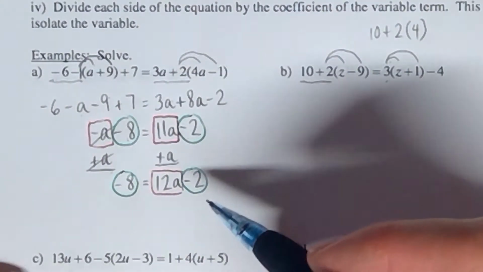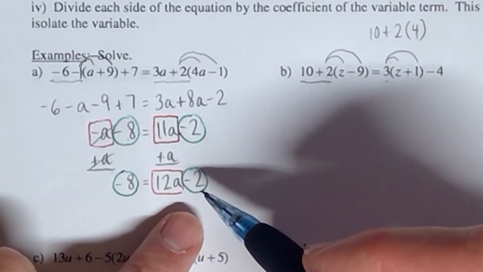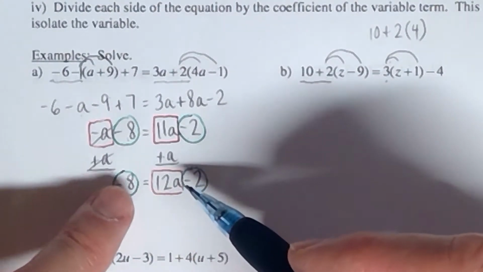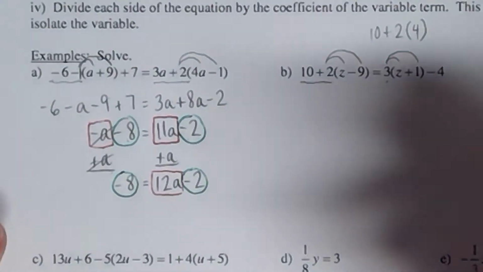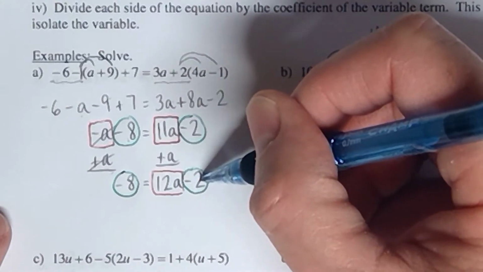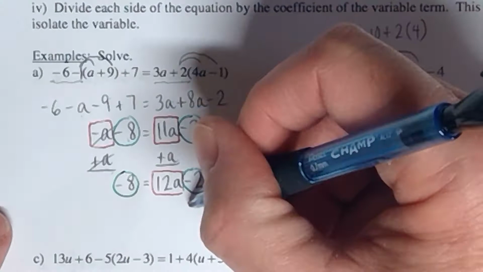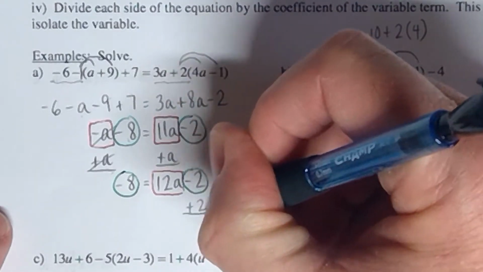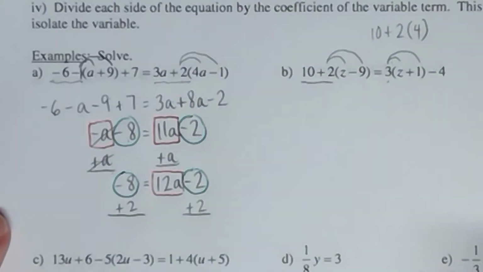That means that I should not move the negative 8, because then everything will be on one side. I don't want the circled ones and the boxed in ones to be on the same side. I want the two terms that don't have the variable in it on the opposite side of where the variable went. Since the variable went to the right-hand side, I'm going to move the two terms that don't have the variable in it to the left-hand side.